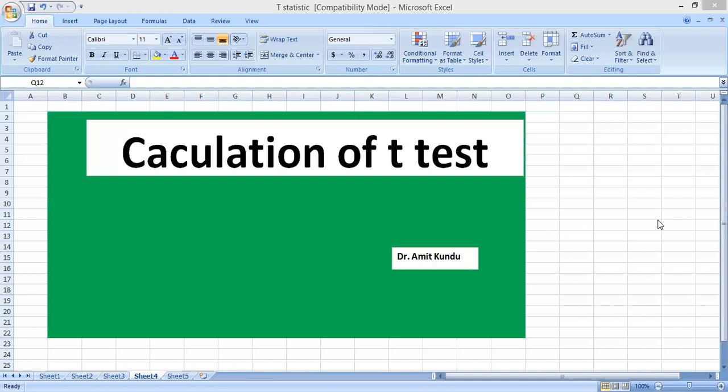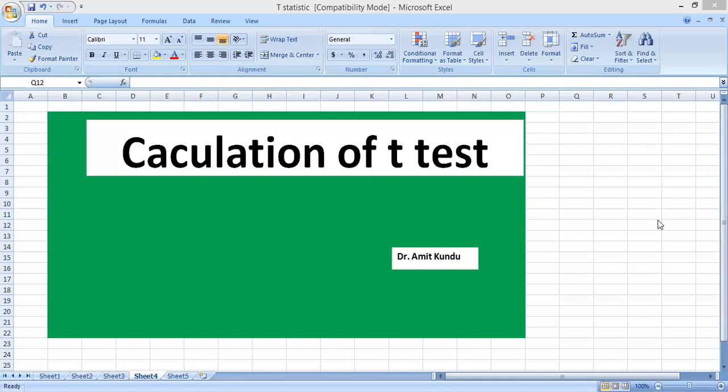After that, you calculate a test statistic from your data and compare it to a theoretical value, or the table value, from a t distribution. Depending on the outcome, you either reject or fail to reject your null hypothesis.